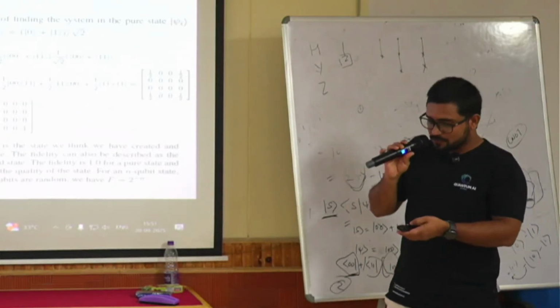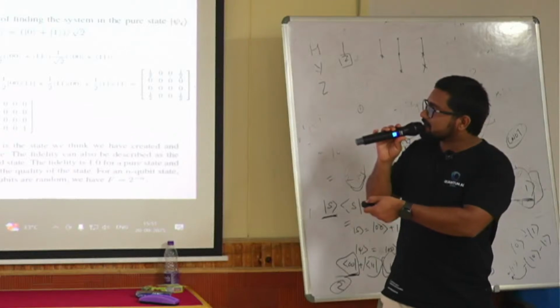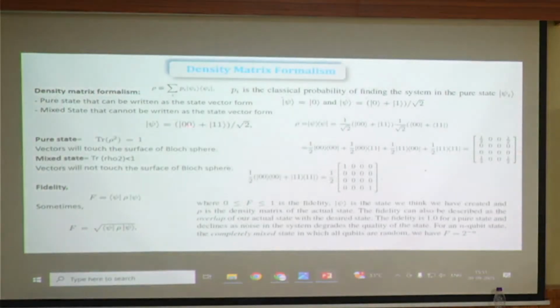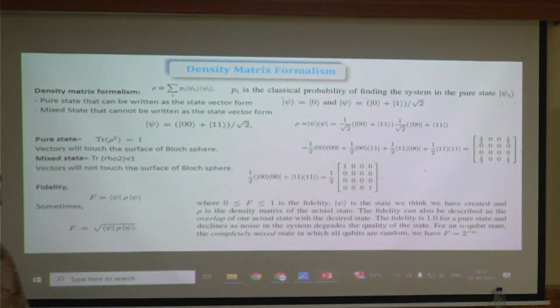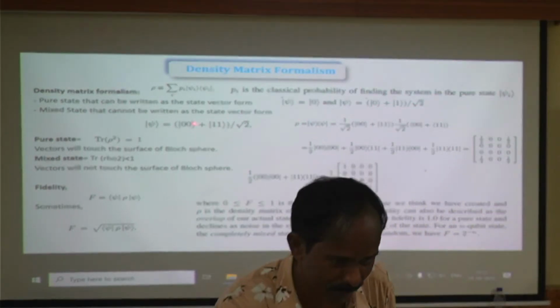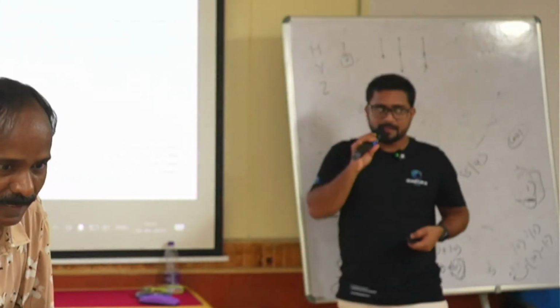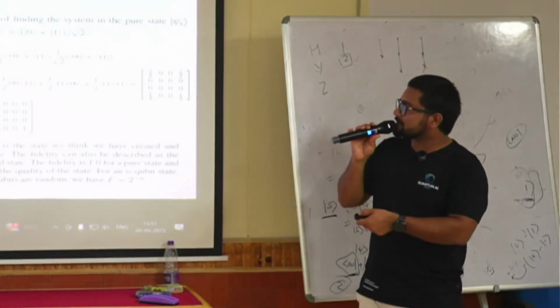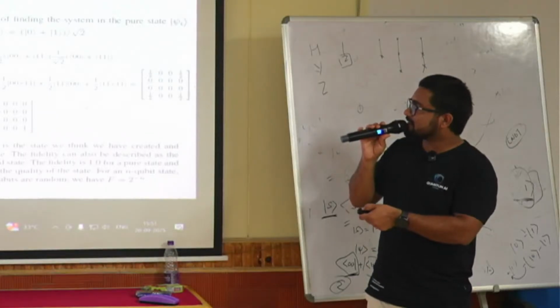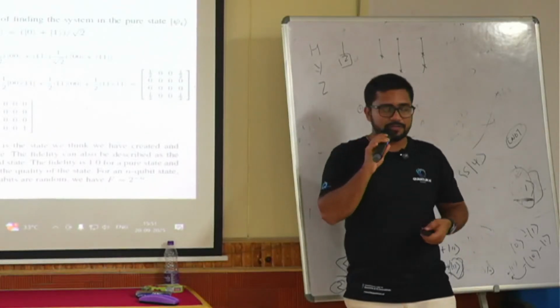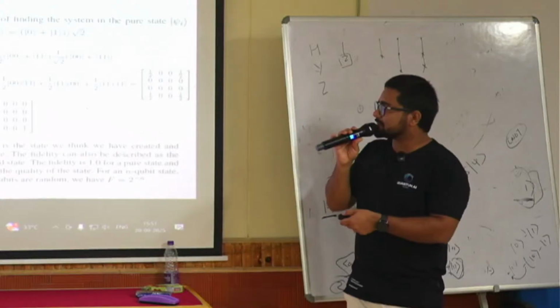So this is the state vector of a 2 qubit system. 0 and 1 earlier were the basis of the Hilbert space, and any single qubit can be represented using those, like 0 and 1 by root 2. And this is the 2 qubit representation, 00 and 11 by root 2. These 00 and 11 are the computational basis of a 2 qubit state.